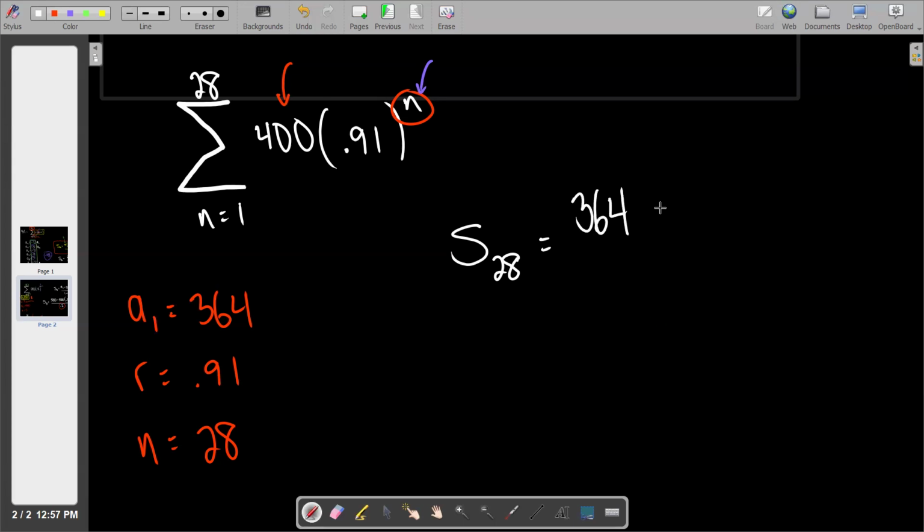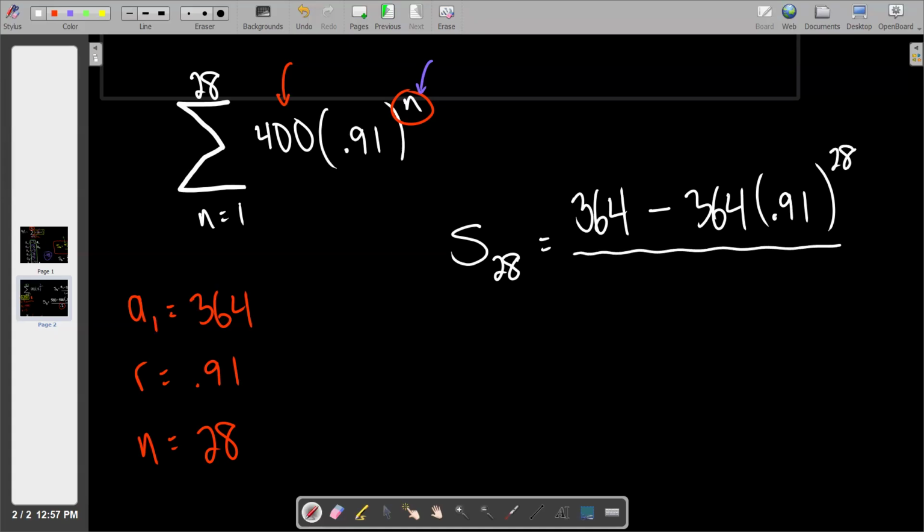So that's a sub 1 minus a sub 1 times 0.91 to the power of 28, divided by, it's not 2, 2 was for the arithmetic, 0.09.